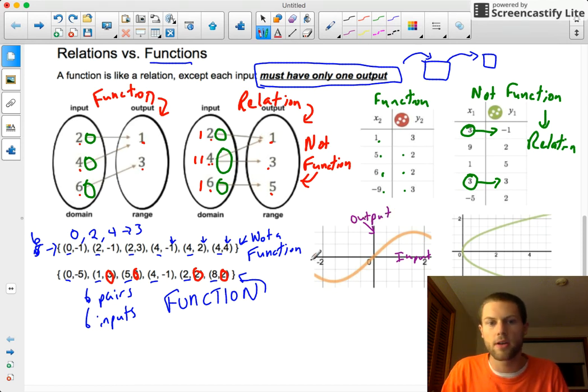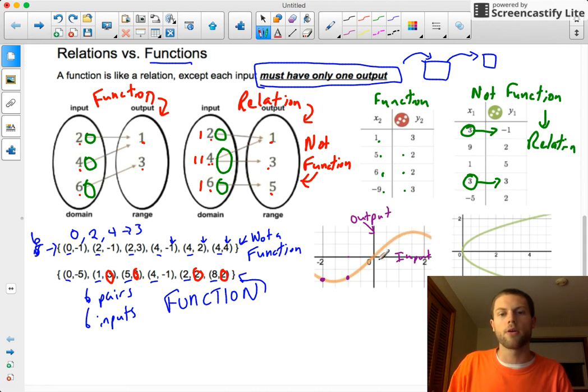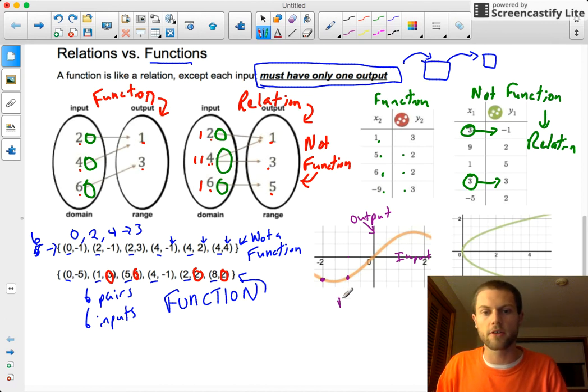So what you're thinking about here is if you were to move along the x-axis, you're looking at your different inputs, and you want to see how many outputs they produce. So if I were to grab -2 here as an input, it's going to output whatever this value is right here. If I were to look at -1 as an input, it's going to output just that one value here. And if I were to go all the way along my x-axis and find the related outputs, I'm only seeing one output per input. So this is going to be a function.